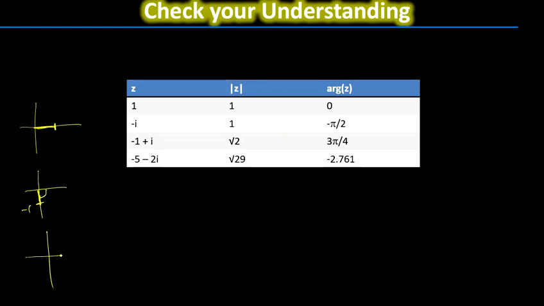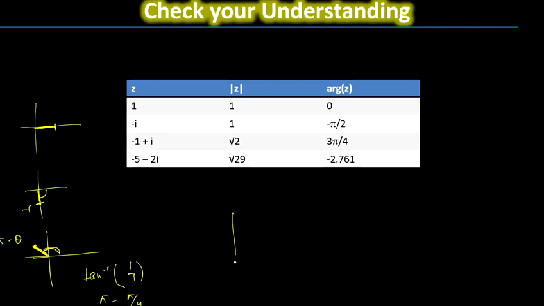If you have negative 1 plus iota, somewhere here, this length is root 2. Apply Pythagoras theorem, x squared plus y squared. But what about this angle? You apply the formula tan inverse, ignoring the signs first. You get pi by 4. In this quadrant, you have pi minus theta. So pi minus pi by 4 gives you 3 pi by 4.